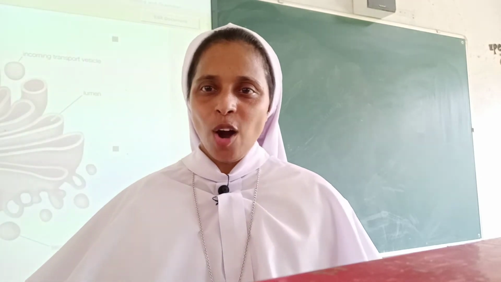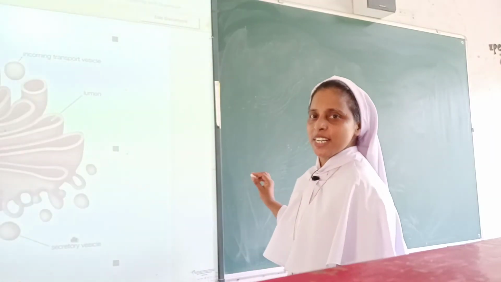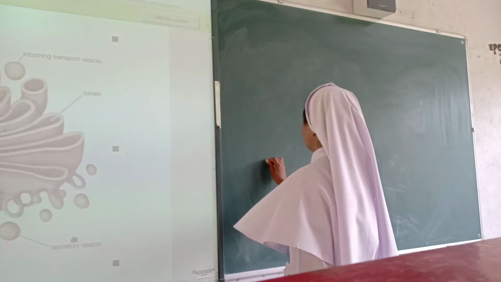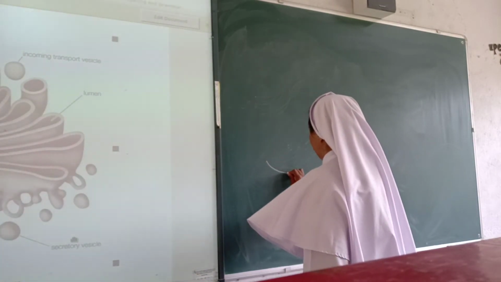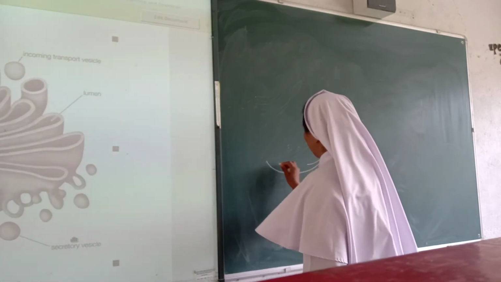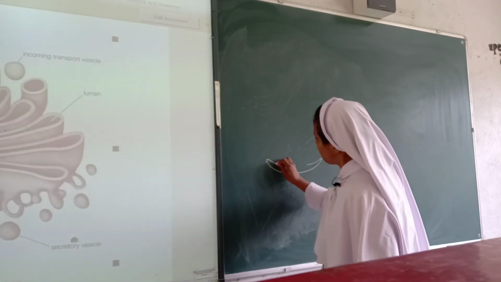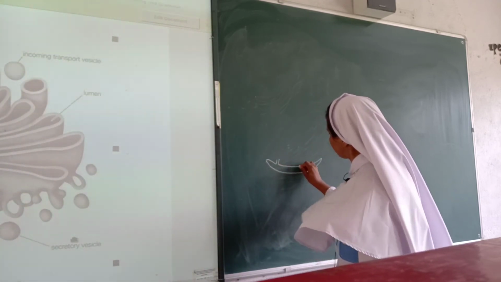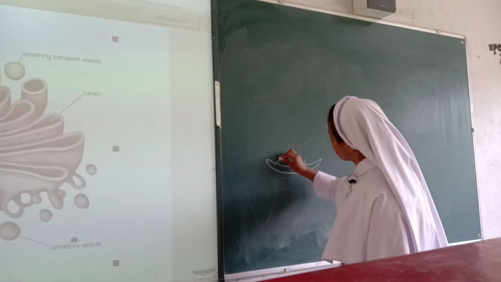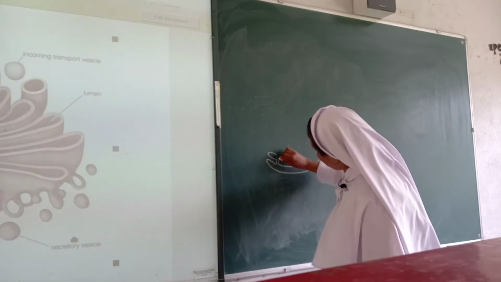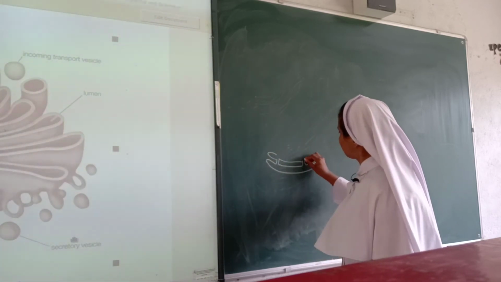Now let us learn how to draw the endoplasmic reticulum. It's very easy. You just have to draw foldings in this way. And the next folding will be starting from here.